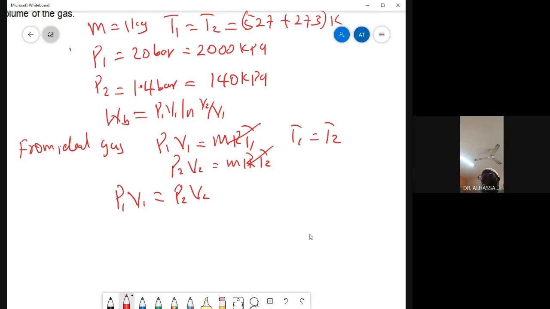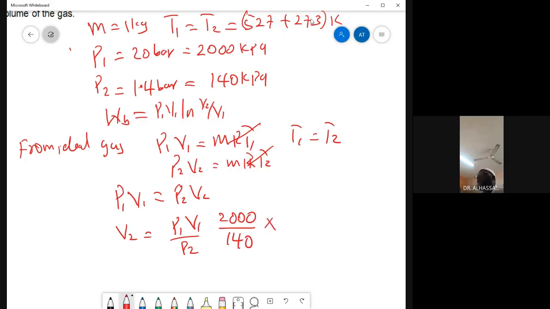And we are interested in V2 equals P1 V1 divided by P2. So that's all. Just substitute all the parameters inside. And the P1 is, let's say, 2000 divided by 140 times what?